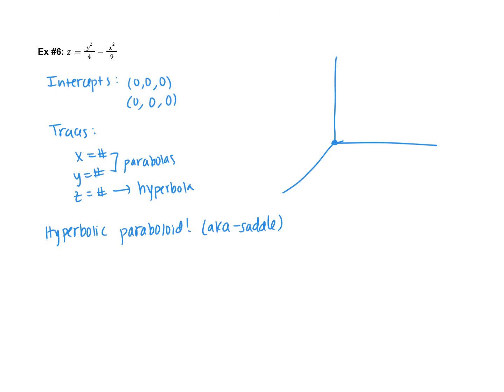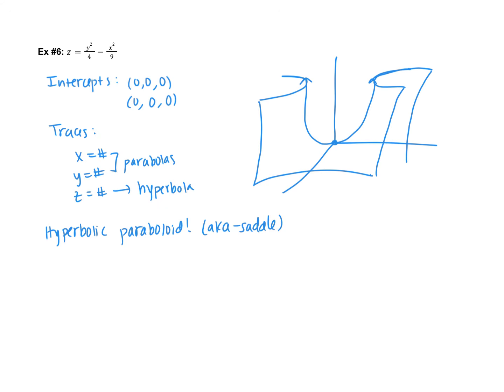Our only intercept is at 0, 0, 0. And then we're going to get these hyperbolas. And there we go. There's our hyperbolic paraboloid.